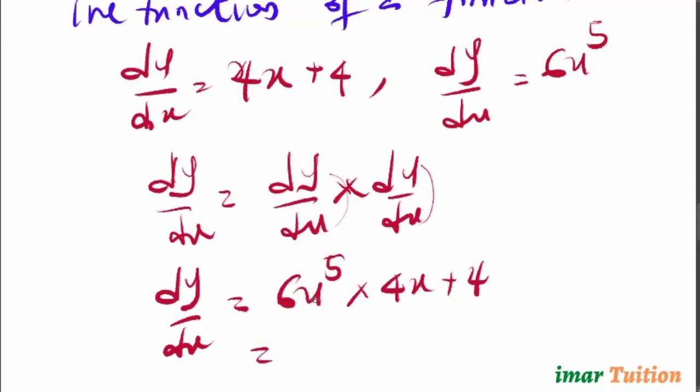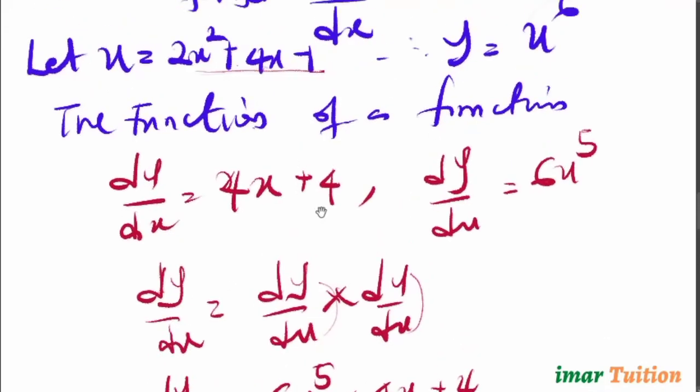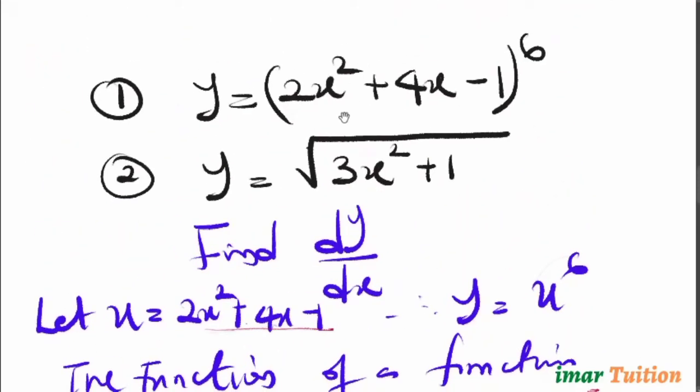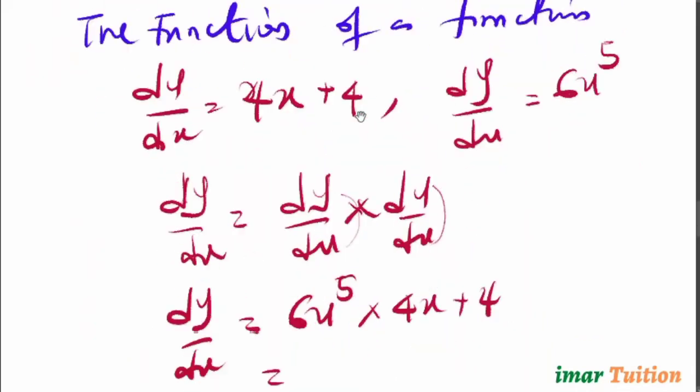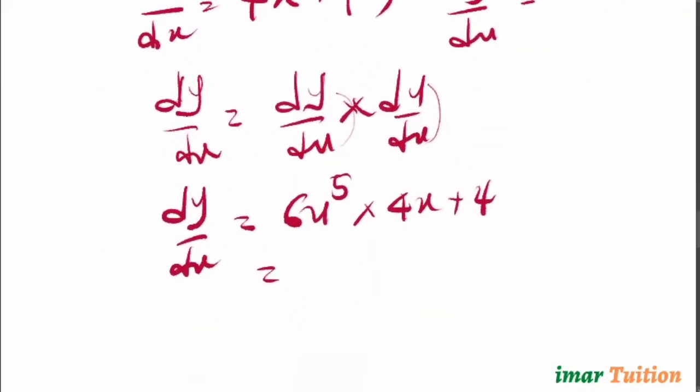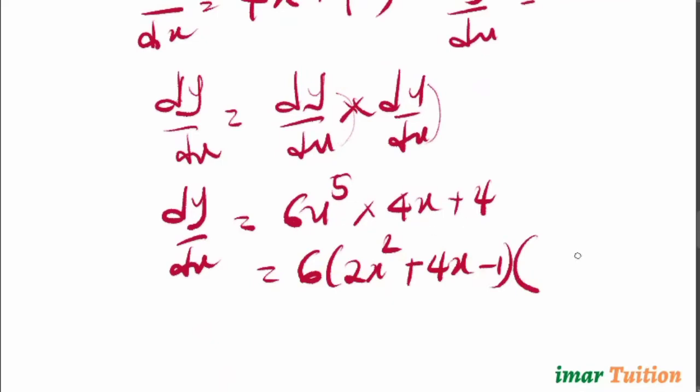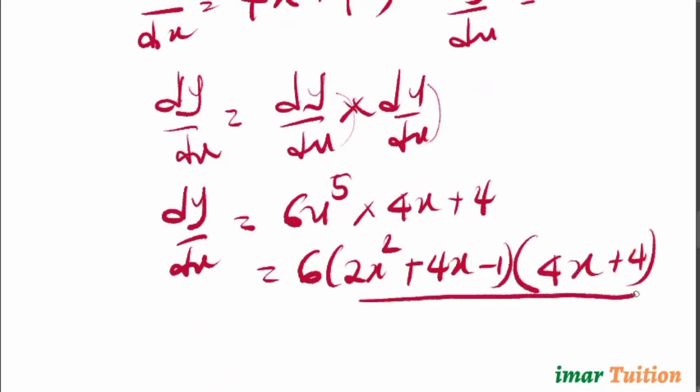Having done that, we'll substitute the value of u. U in our opening function was 2x² + 4x − 1. So we bring it there to replace u: 6(2x² + 4x − 1)⁵ multiplied by (4x + 4). And that is your derivative.